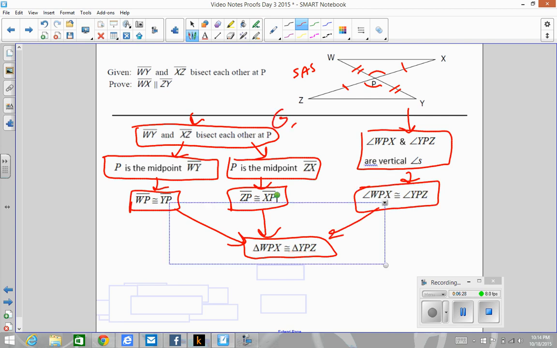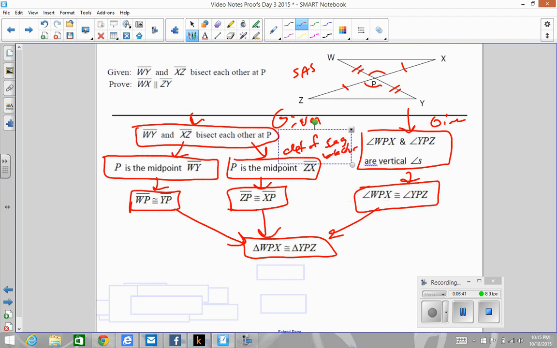This was given. This was given. This is both a definition of a segment bisector. I'm going to change colors. Definition of a segment bisector. Definition of a midpoint.